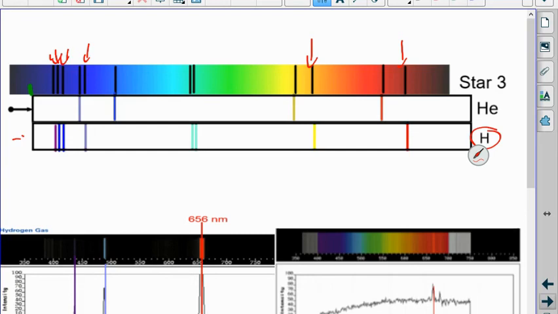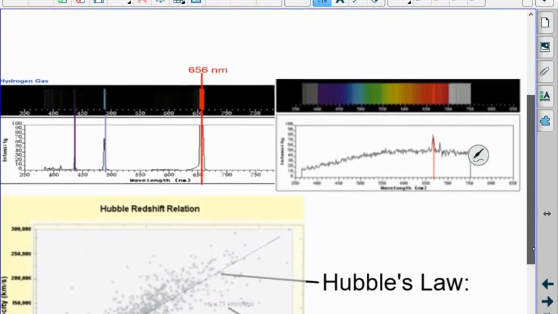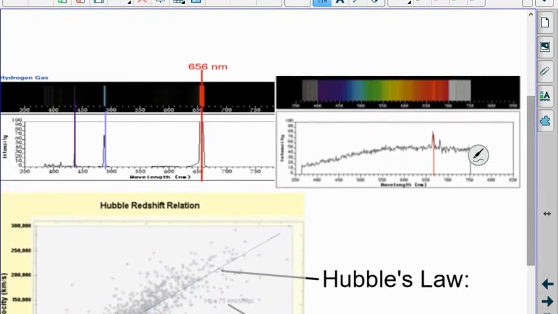As we can see here, we did have to move our hydrogen towards the red end of the spectrum. So this star here is redshifted. Because we moved hydrogen, we also had to move helium, and we'd have to move any elements to see if they have it.